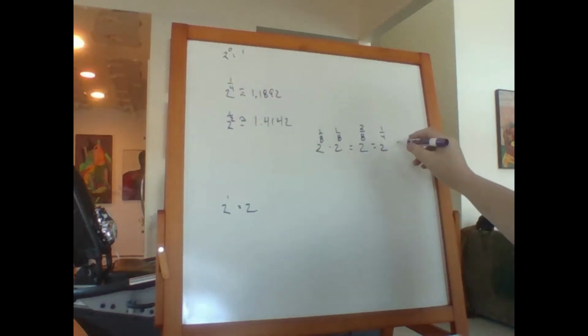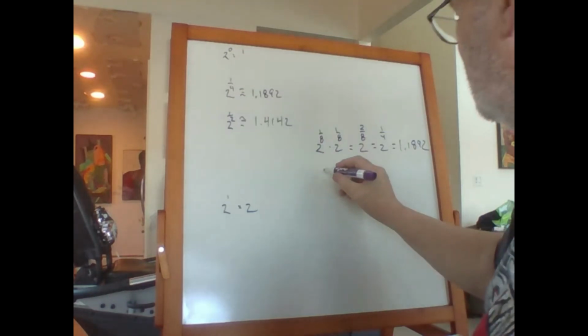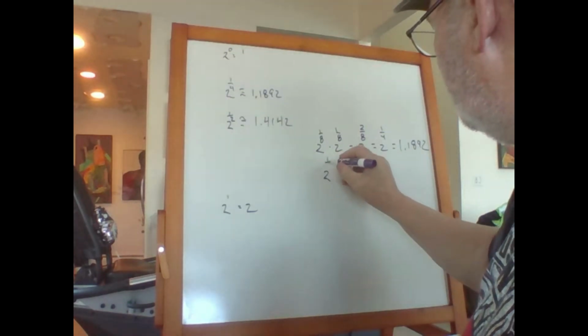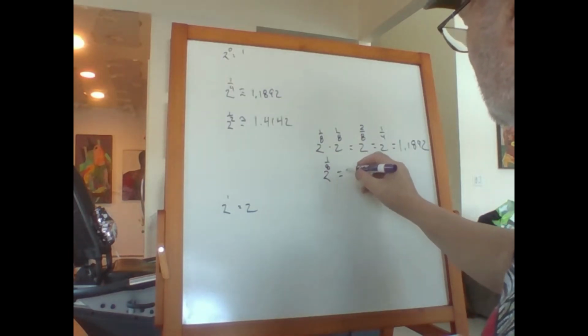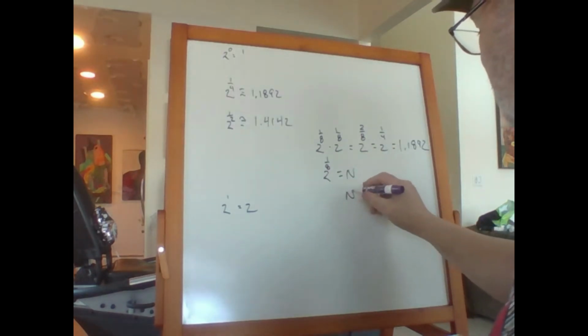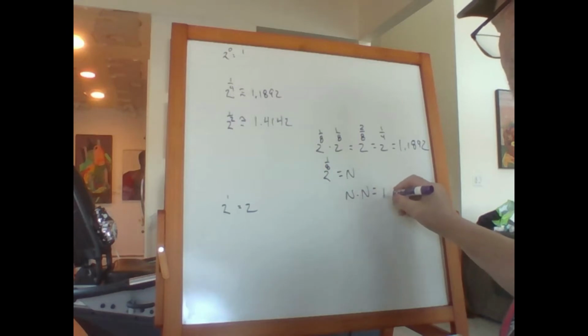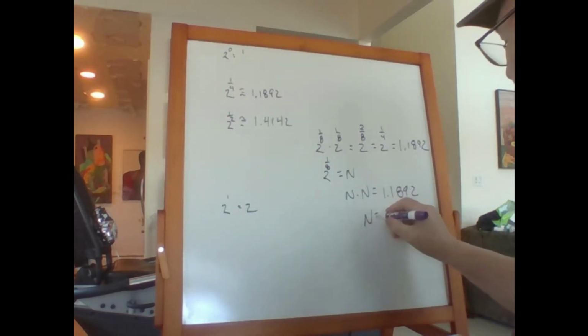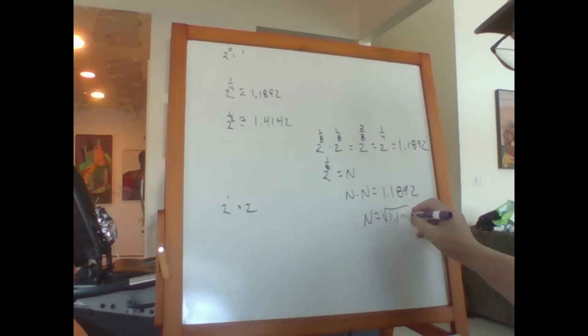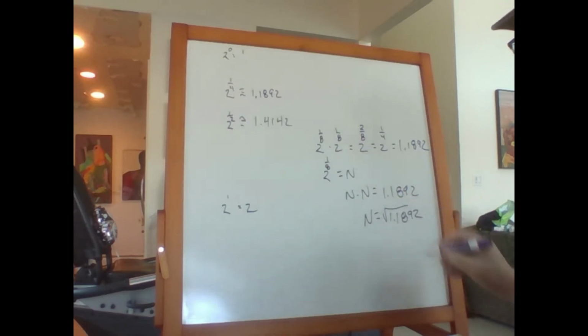And we have a number for that, equals 1.1892. So we're looking for that number, 2 to the 1/8 equals n, where n squared equals 1.1892, and n equals the square root of 1.1892.